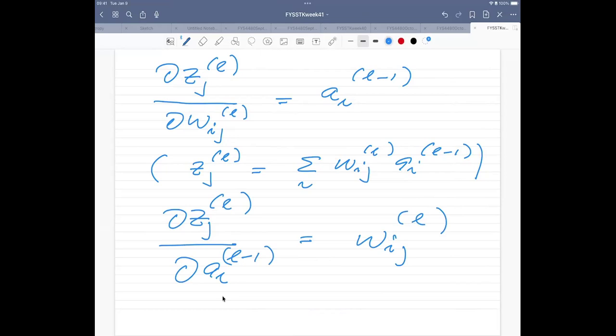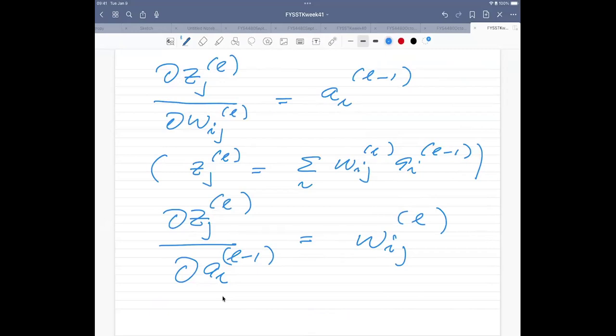So that's two intermediate steps, which we need when we are going to set up the final expression for the backpropagation algorithm. That's okay? Let's wait just a few moments so everybody gets the final result here.